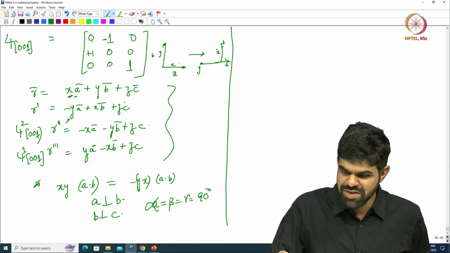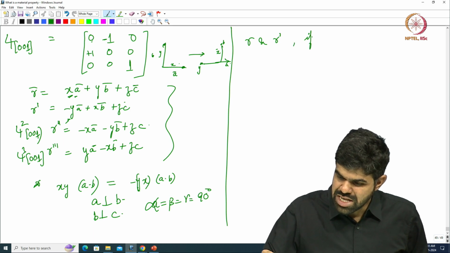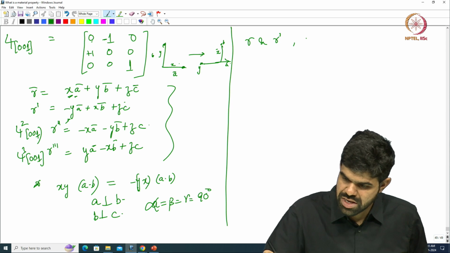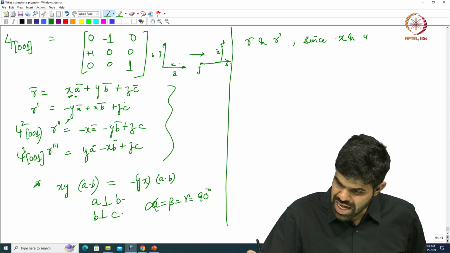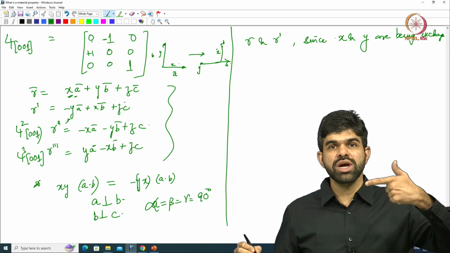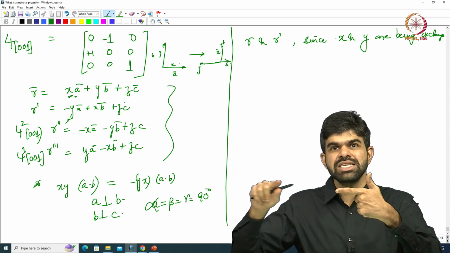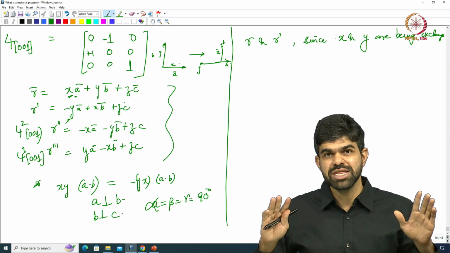So, between R and R prime, if I exchange, since x and y are being exchanged, which means x units along the A axis and x units along the B axis should exactly be the same, right.